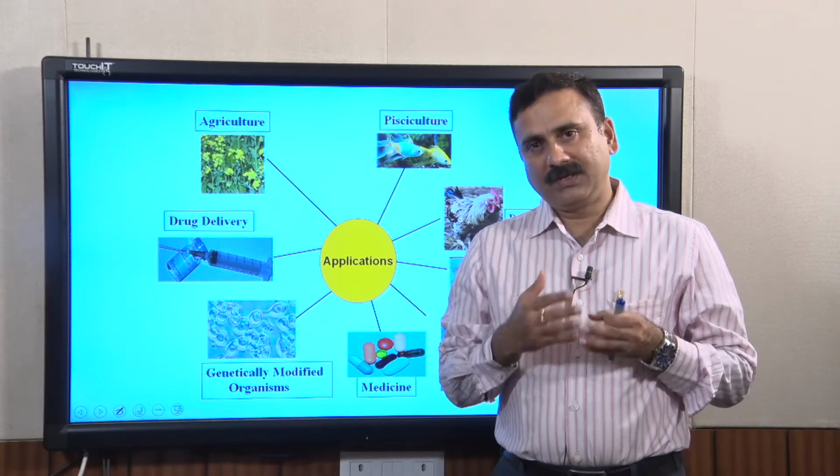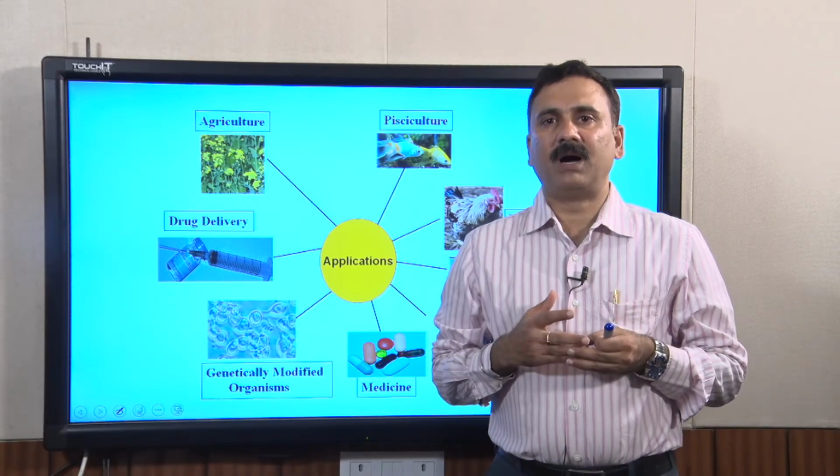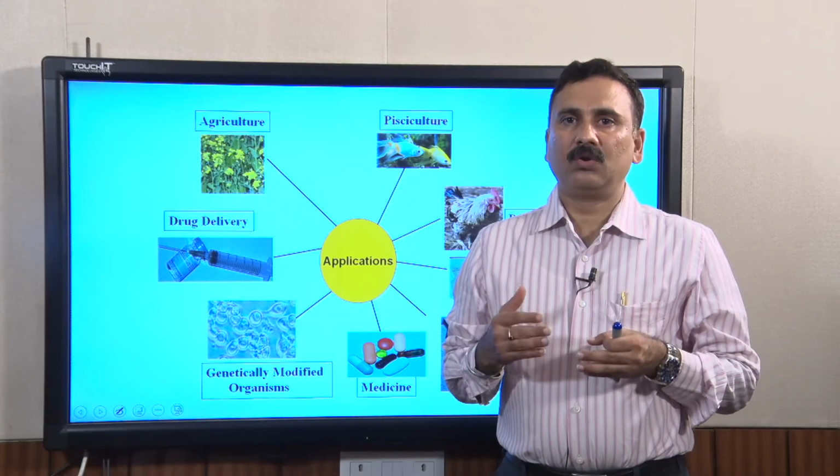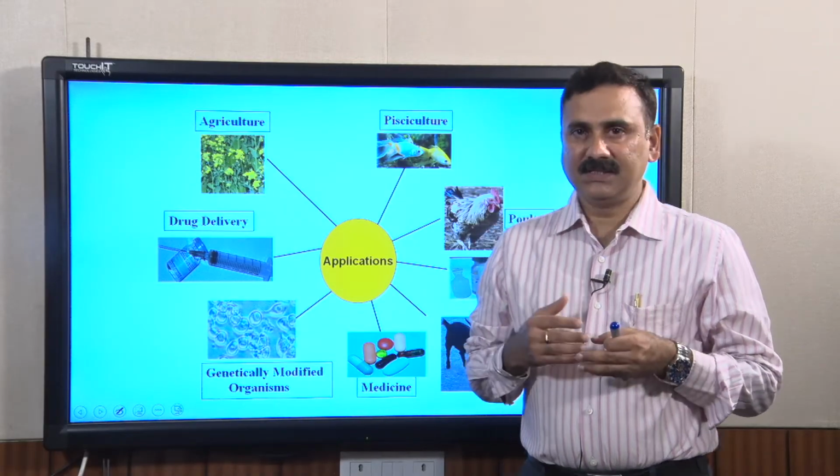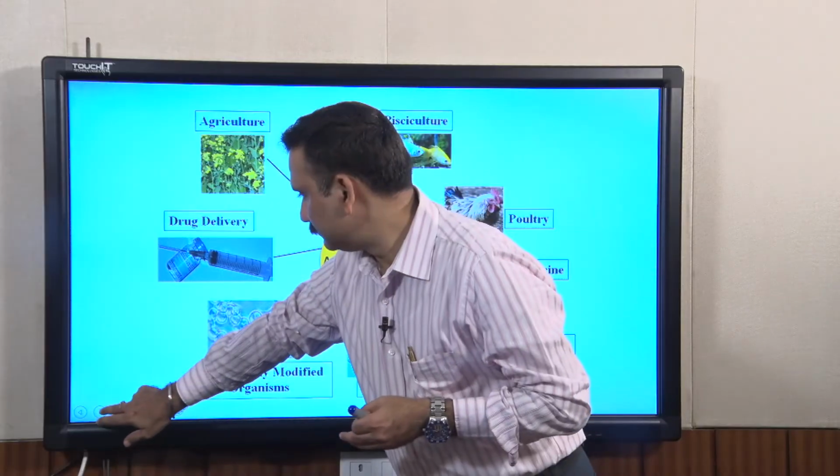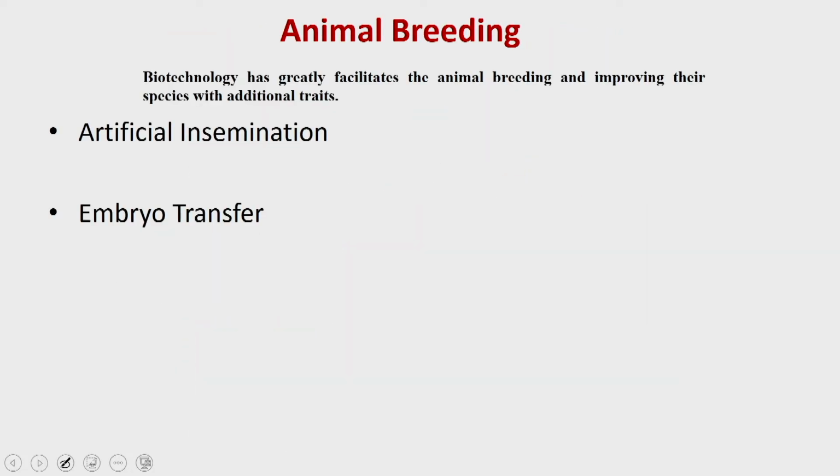Now, in today's lecture we are going to discuss the role of biotechnology in the animal sciences. Within animal sciences, we are going to discuss the role of biotechnology in animal breeding.